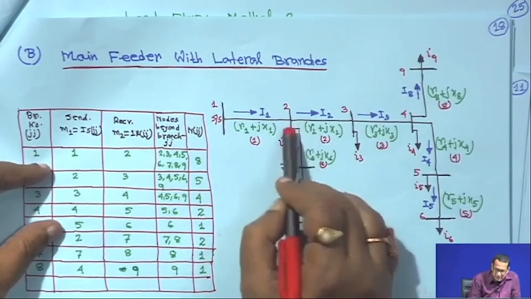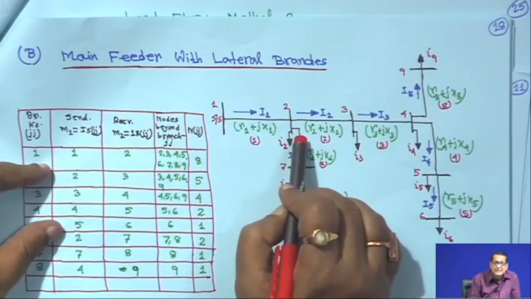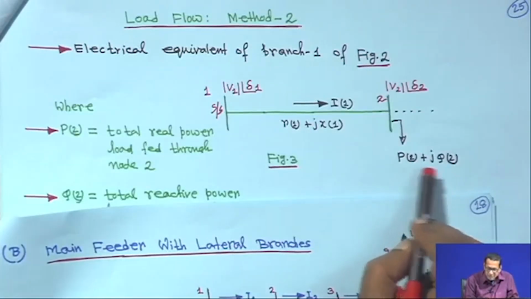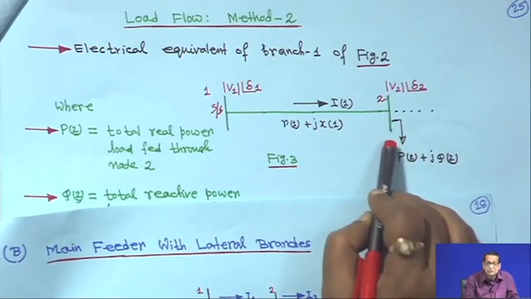Ultimately, whatever comes here at the receiving end is the equivalent load. That is why you are dividing P2 plus JQ2, the total load fed through this node.